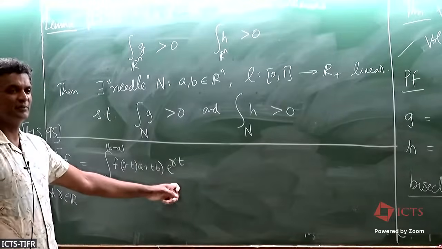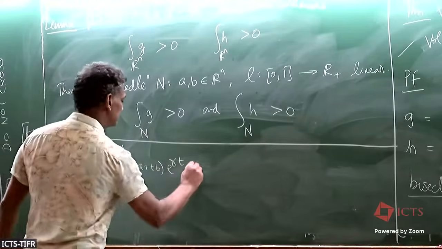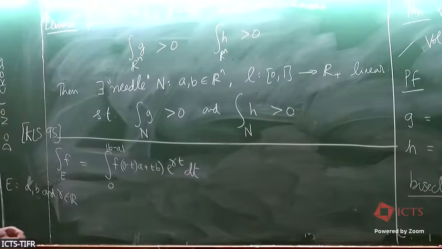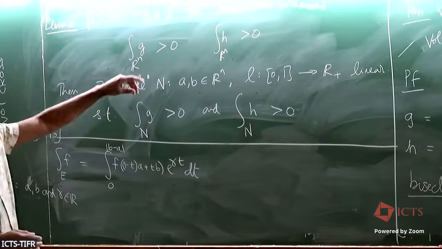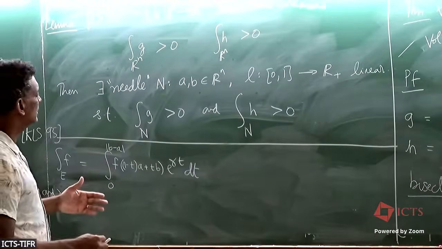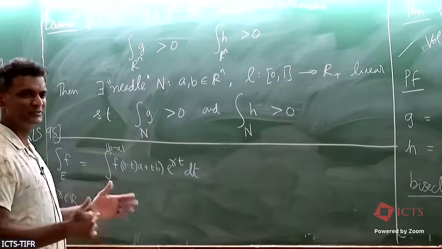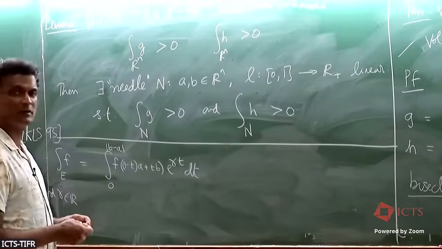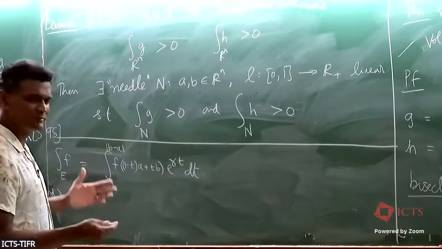Instead of linear to the n-1, it's exponential. So this is an exponential needle. You have to be a little bit more careful with exponential needles. You have to assume that the functions you're playing with have compact support, which can typically be arranged. But otherwise, you get some nice conclusions.